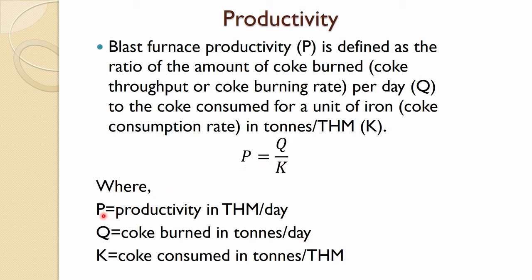Where P is given in ton hot metal per day, Q is the coke burned in tons per day, and coke consumed in tons per ton of hot metal is given by K. There are various ways this productivity can be defined. This is one of the commonly used ways, but there are many others.